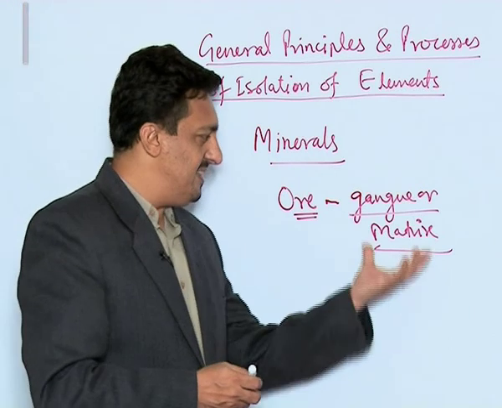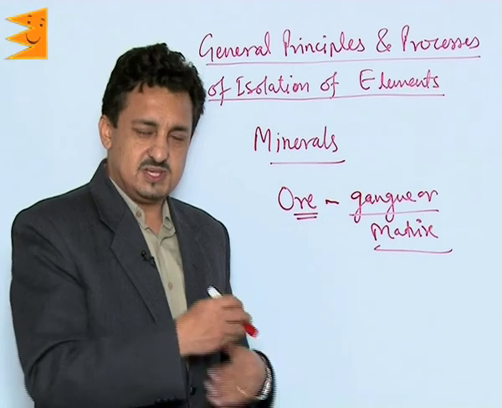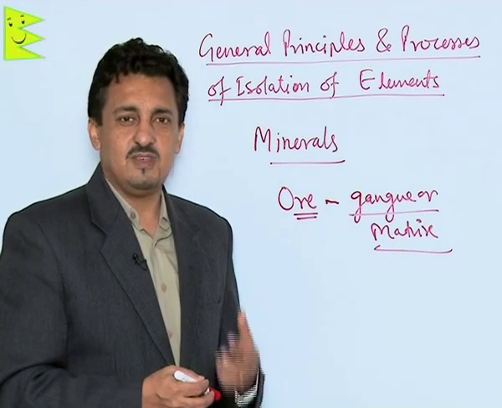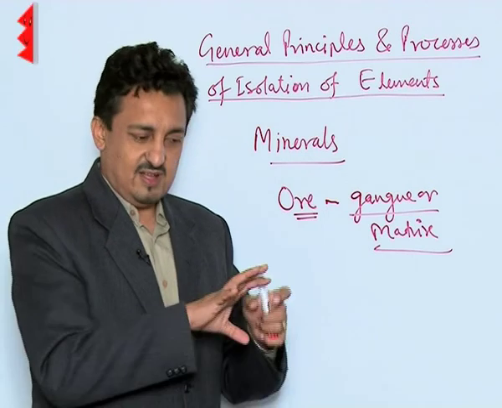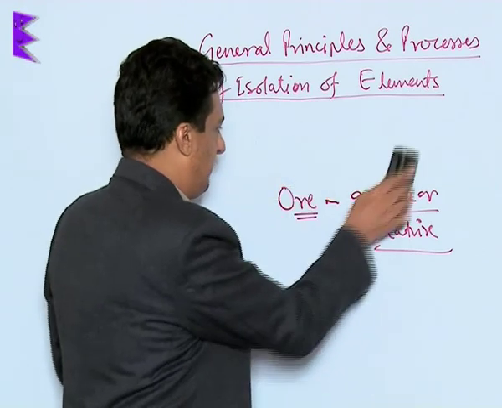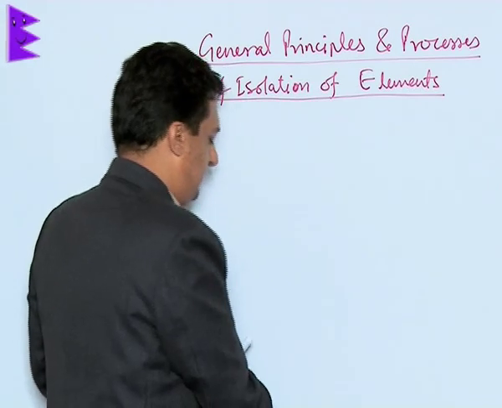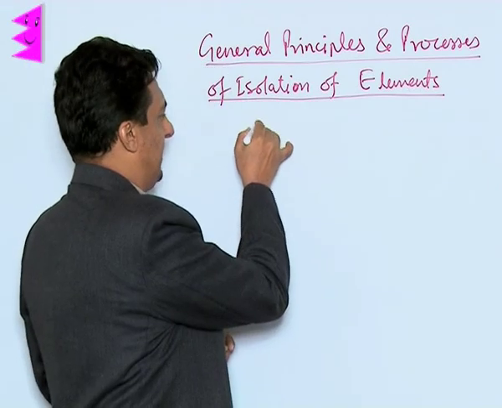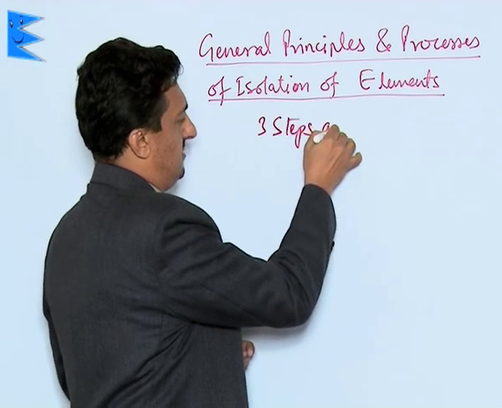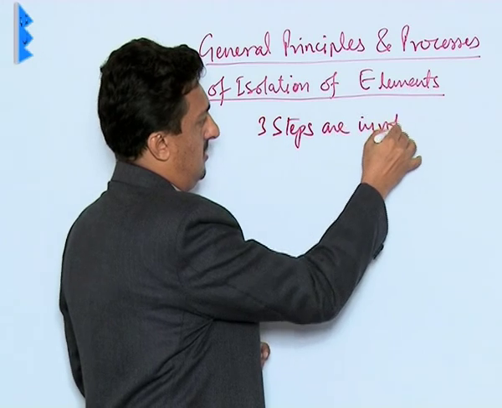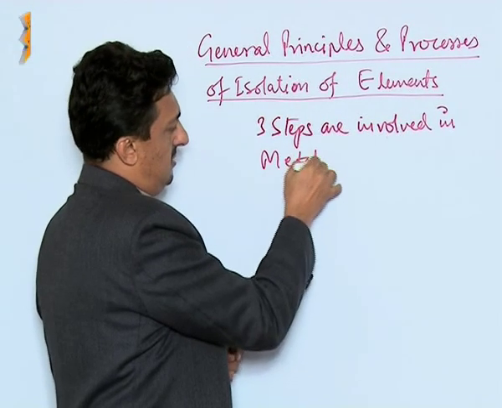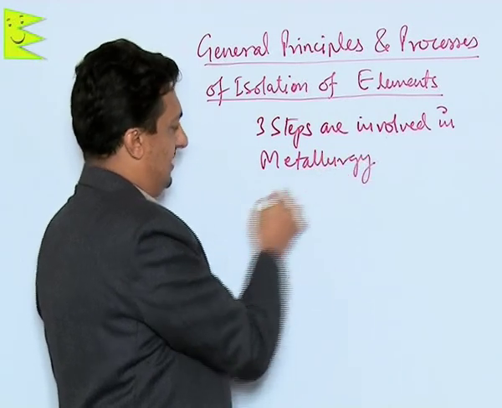So we separate them, and thus the process of metallurgy mainly involves three steps. Write down: three steps are involved in metallurgy.